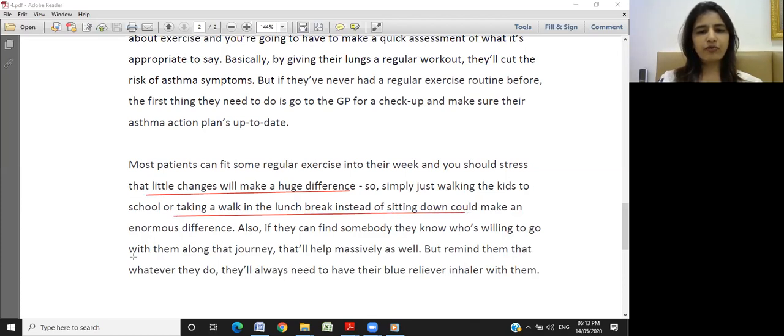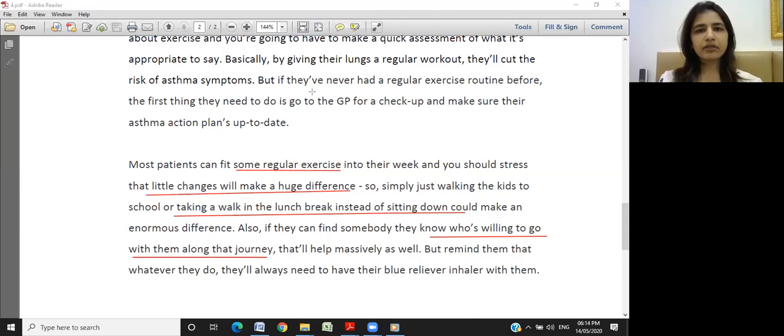And also involving another family member or a friend to make sure that they remain encouraged towards the exercise program. So it was not a step-by-step process as to first what they have to do, second what they have to do. No, it was simply saying that they can do some regular exercise. Again, it did not say what kind of exercise.